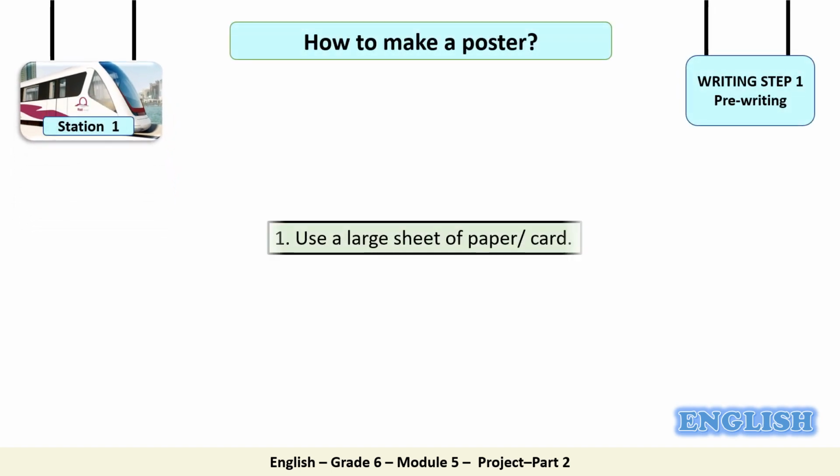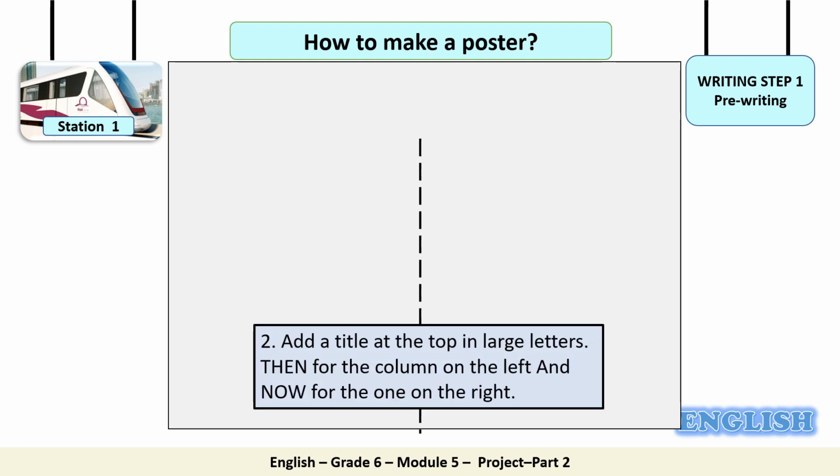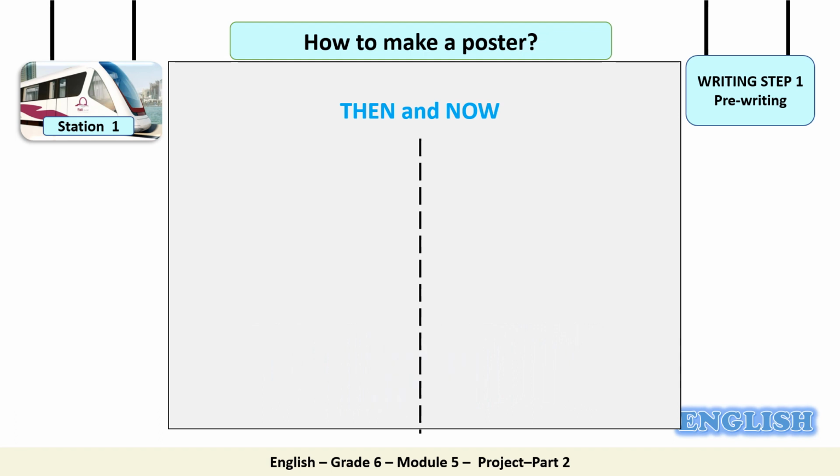First of all, you bring a sheet of paper and split it into two parts. Then you write the title, which is Then and Now. You write then on the left and now on the right.